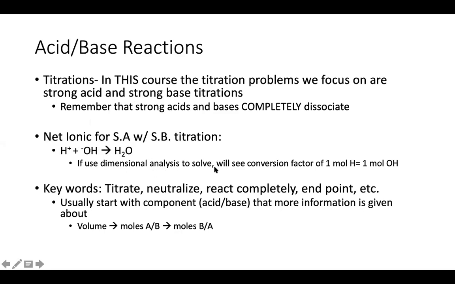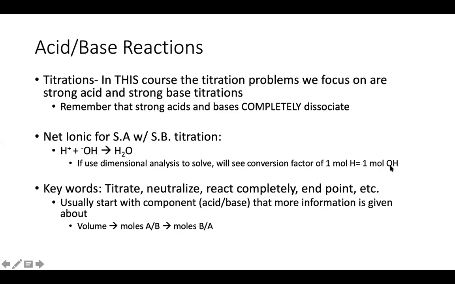And that ratio there is something that we will see every single time in our dimensional analysis, right? I personally do it through dimensional analysis. There is another way to solve. I've gone through it in the past if you want to see it, but I personally like this method better, okay? And so because of this net ionic equation and the 1-to-1 ratio between H plus and OH minus, we will always in our conversions see 1 mole of H plus equal to 1 mole of hydroxide.